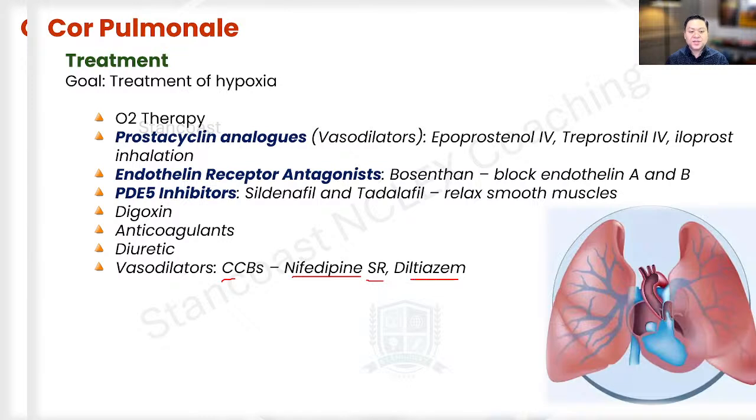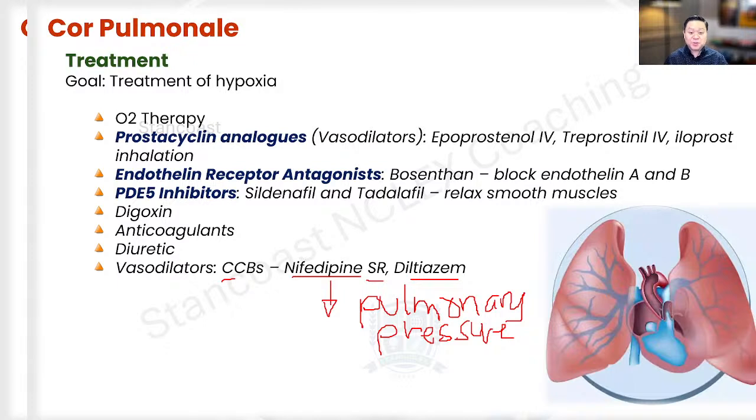So these are the known calcium channel blockers that will actually lower the pulmonary pressure. This will decrease the pulmonary pressure because it has that vasodilatory effect. Vasodilation. So expect those two medications to be ordered.